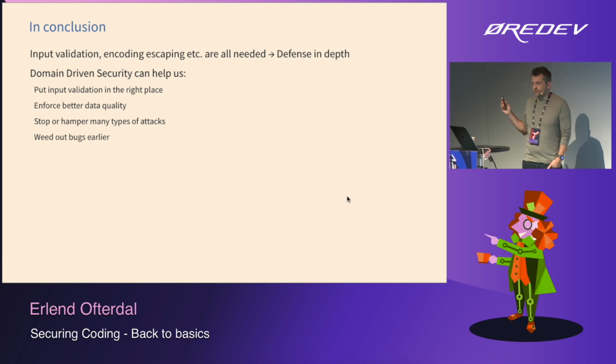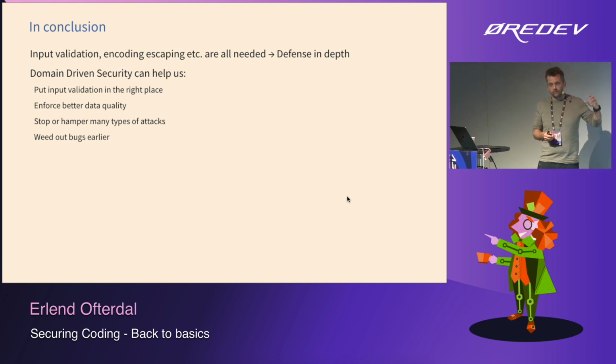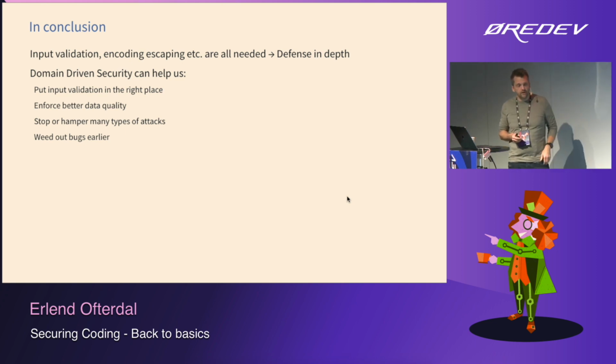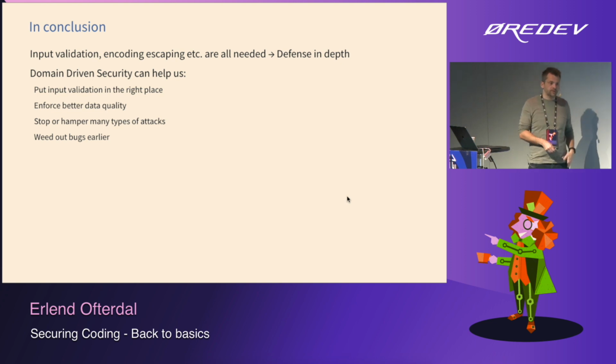And domain-driven security helps us with parts of this. It helps us with putting input validation in the right place. We have the domain objects that are flowing around. It even causes us to have better data quality because we have to start thinking about what these objects are doing. Like, is the quantity between 1 and 200, or could it be a minus in this case? So we have to think about that when we create the objects.